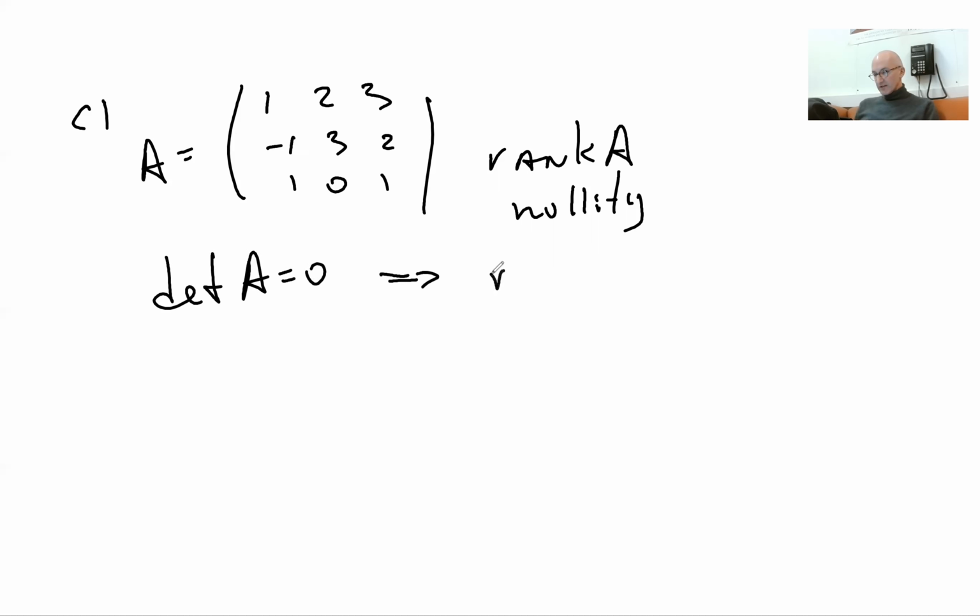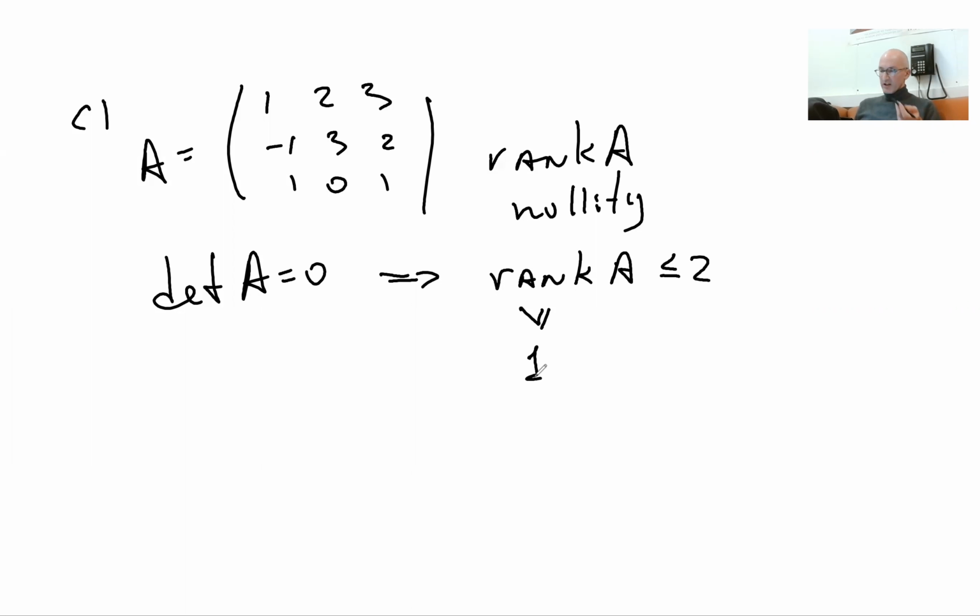So this implies rank less than 3. Less than 3 means at most 2. This is not a zero matrix, so the rank is at least 1.